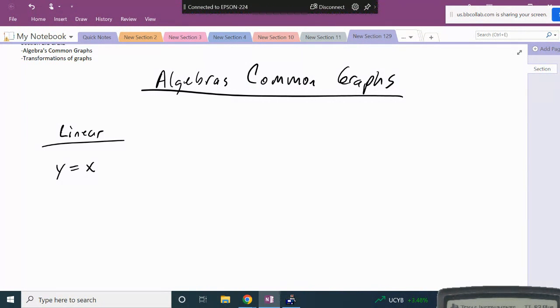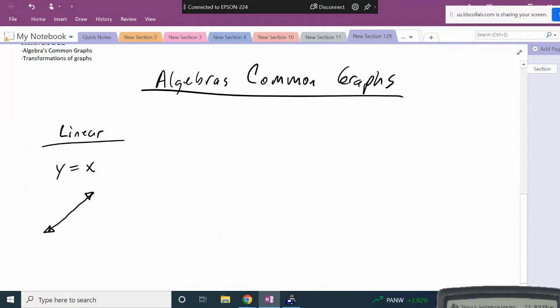So in this simplified linear equation, y is equal to x, the slope, which is the coefficient of x, is understood to be 1. And the y-intercept is where the line or the graph crosses through the y-axis, and that's also considered to be 0. So if you were to graph a linear equation, it would look something like this.